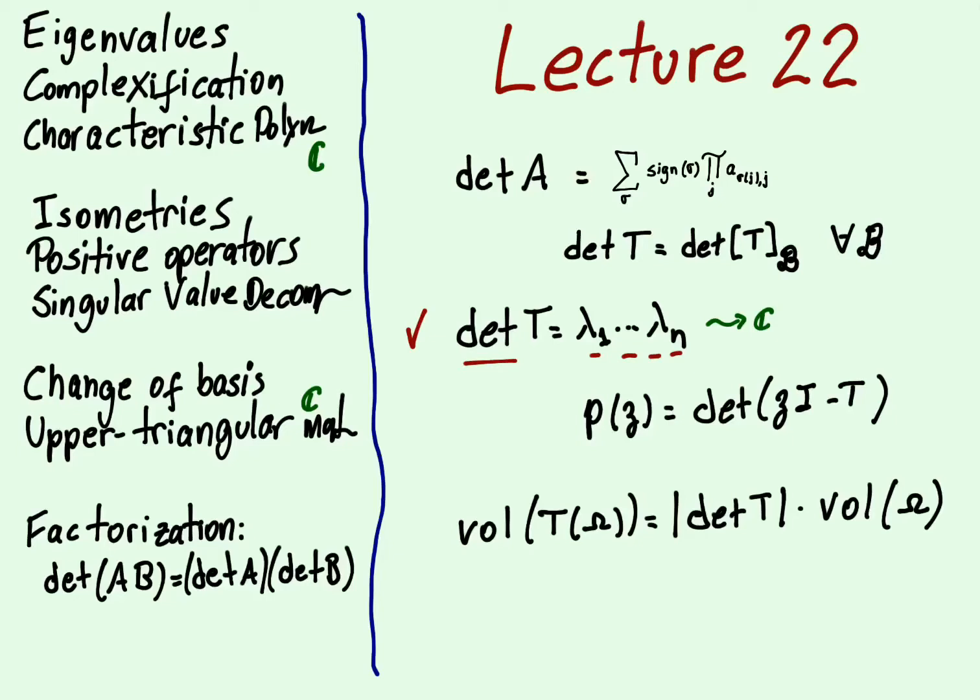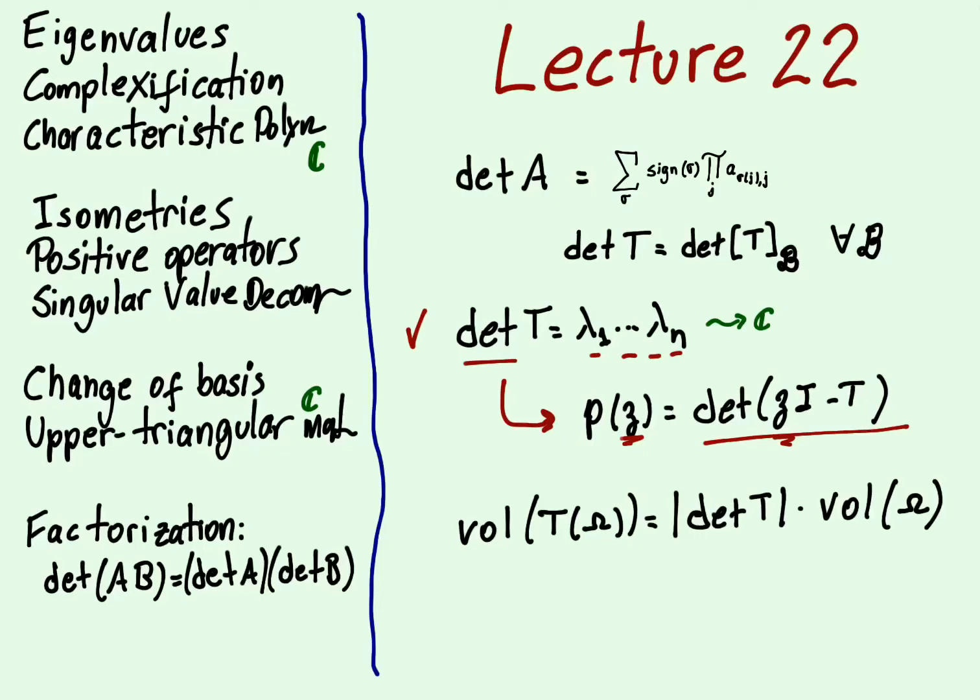Then we saw that the characteristic polynomial of an operator was nothing but the determinant of z times the identity minus the operator, where z is, of course, the dummy variable in the expression for this polynomial.